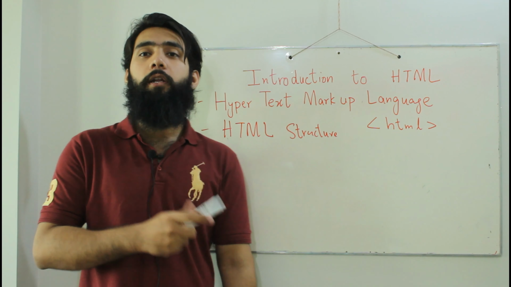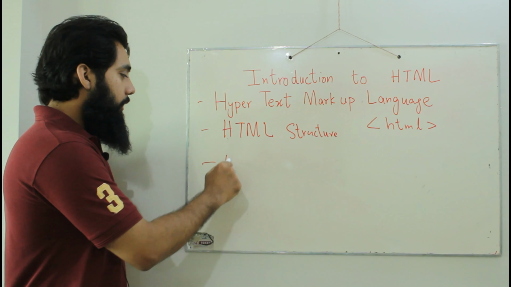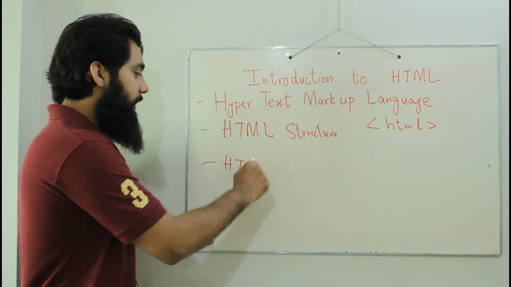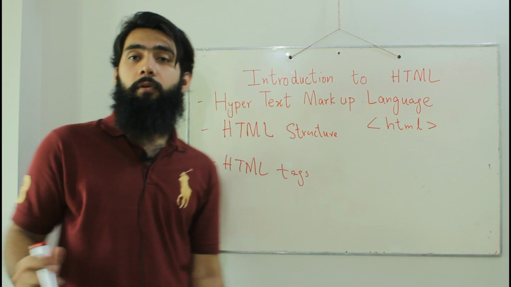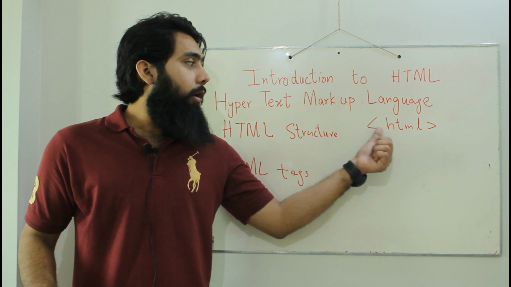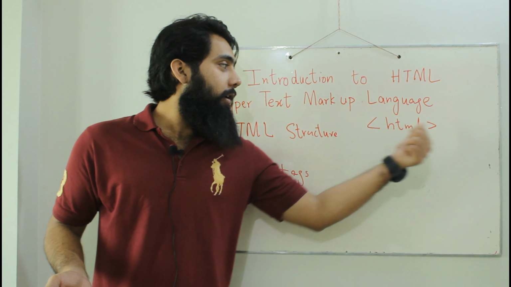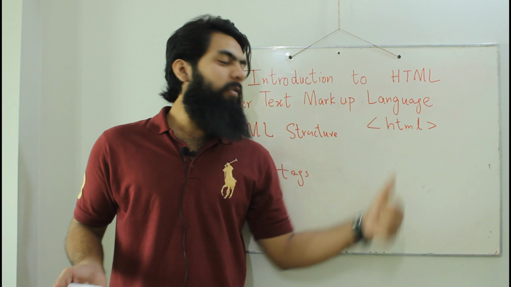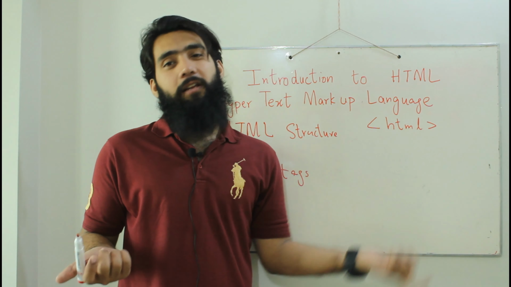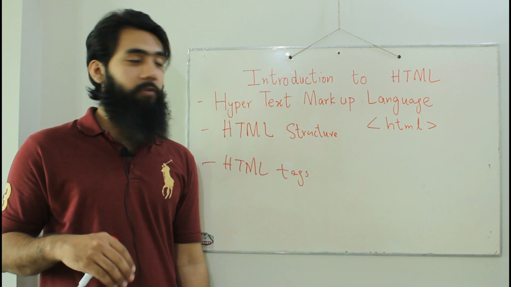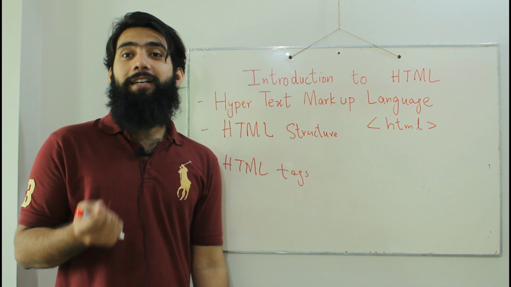Whatever we do in HTML would always be in the form of tags. So the tags start from these brackets, and we call them angle brackets. This less than sign and greater than sign, whatever I write between that would be considered as the tag.